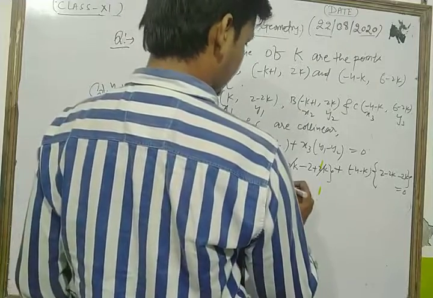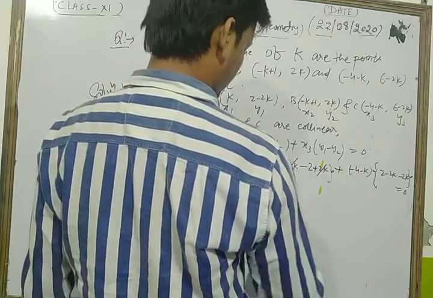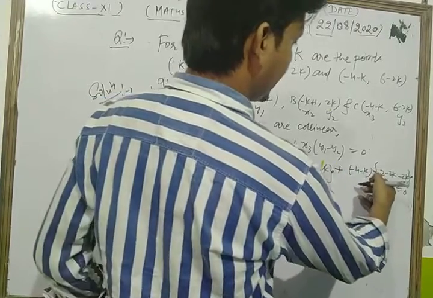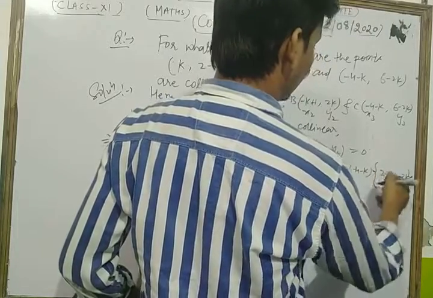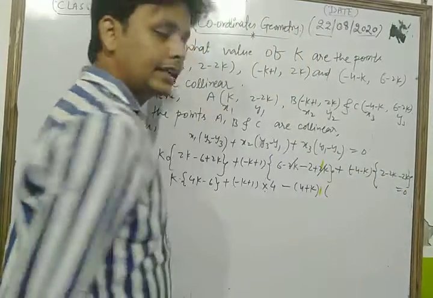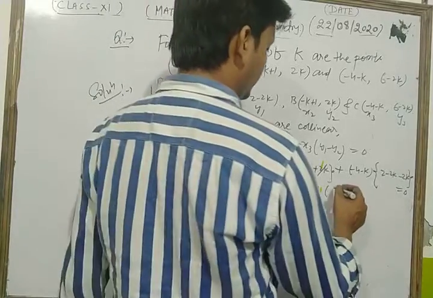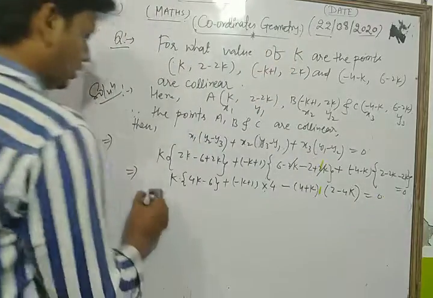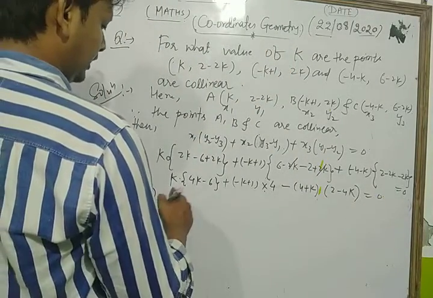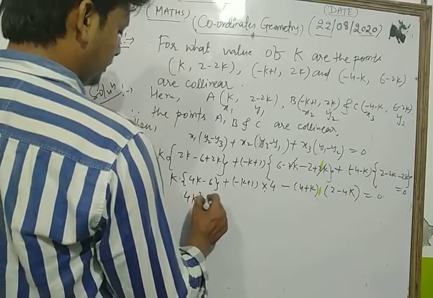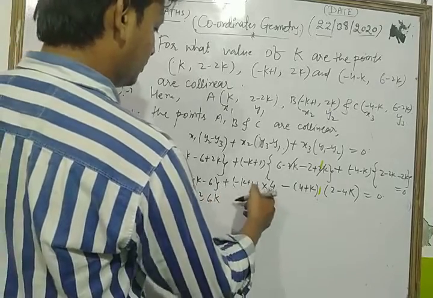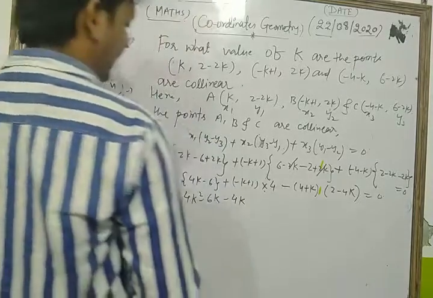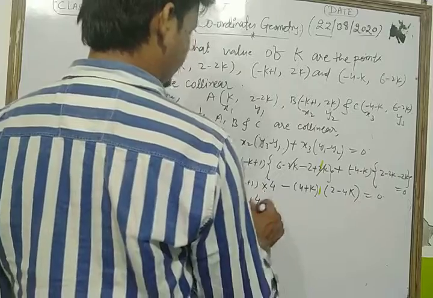Plus, here we take minus as common, so we write minus (4 plus k), and in this bracket we get 2 minus 4k, because minus 2k minus 2k is minus 4k, equal to 0. Now we simplify: 4 times k, 4k, in 4k square minus 6k. Now here plus minus minus 4k and plus 4 ones are 4.